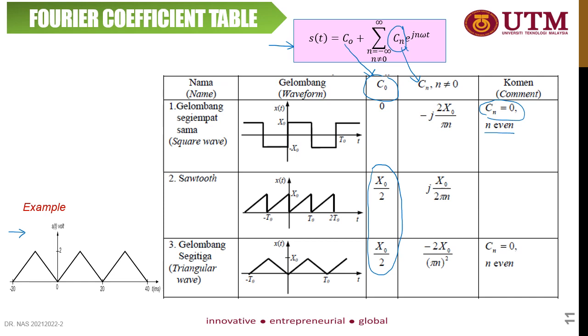In this case, the closest one is the triangular wave. So from here, you know that the C0 for this particular signal is x0 over 2, and Cn is negative 2x0 over pi n squared, and that's a remark for this particular signal.